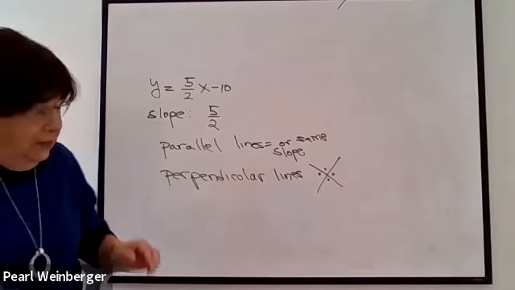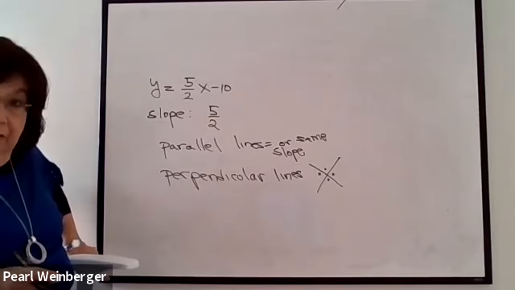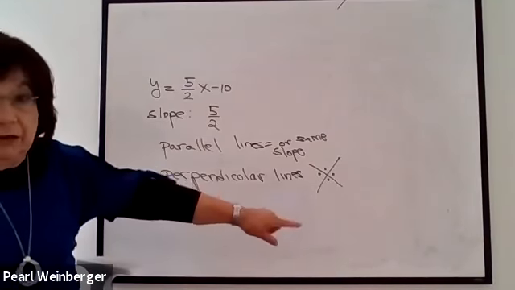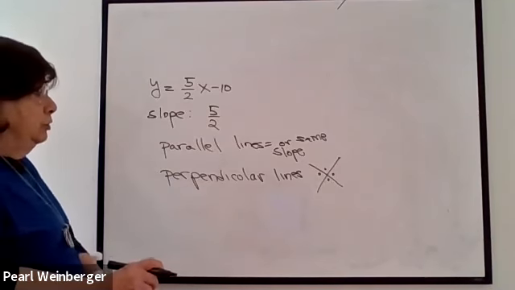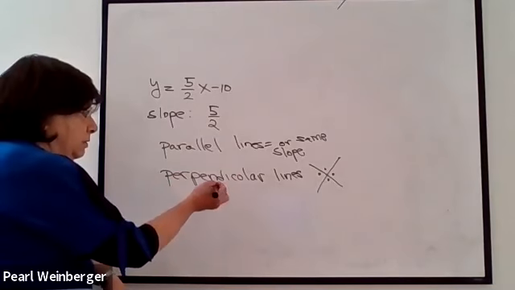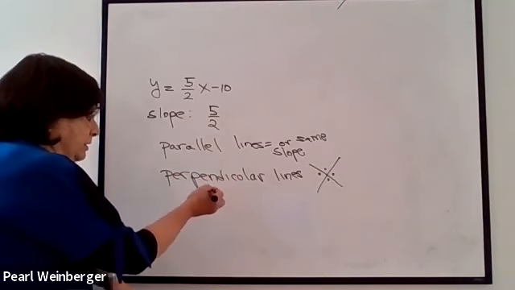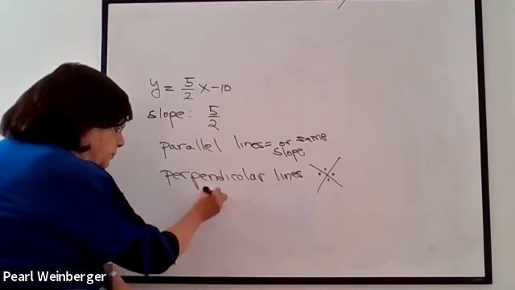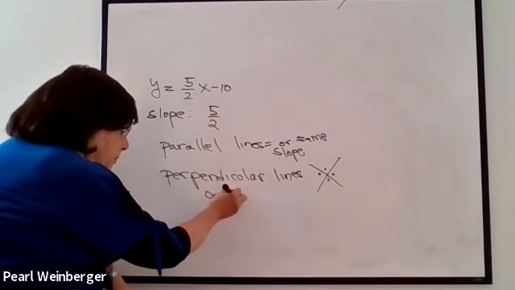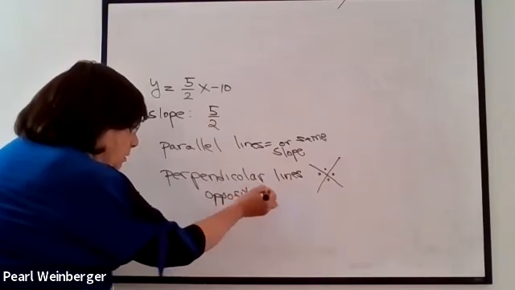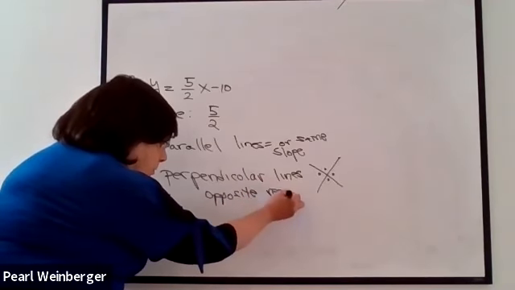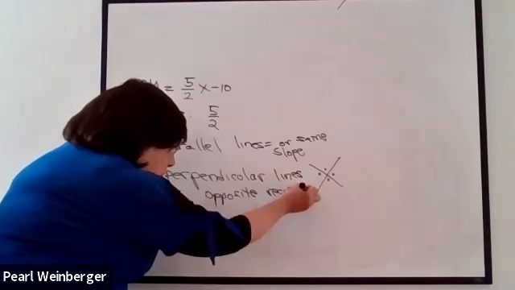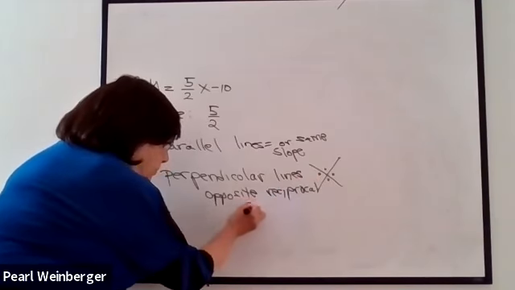And just one example of where you have perpendicular lines, you have right angles. It turns out that perpendicular lines have opposite reciprocal slopes.